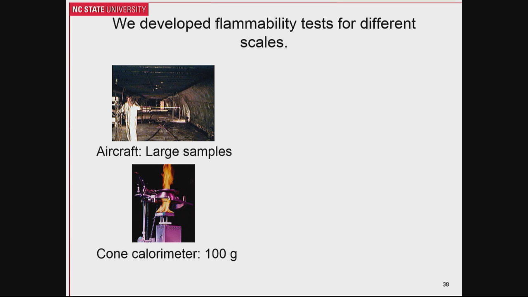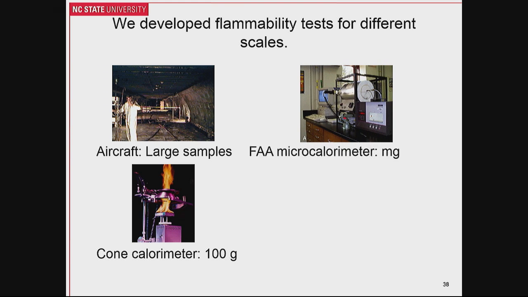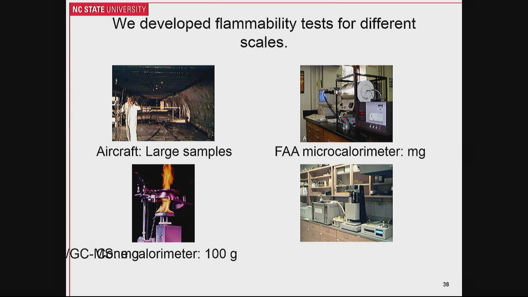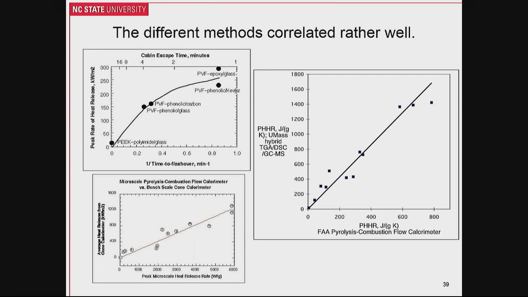One, working with the FAA, a microcalorimeter, and second, in our own lab, developing a combined TGA-DSC, thermogravimetric analyzer, differential scanning calorimeter, with gas analyses, and then we could calculate the enthalpy of products that were made. Turns out the methods correlated very well. Here's so-called peak heat release, the number that we calculated.